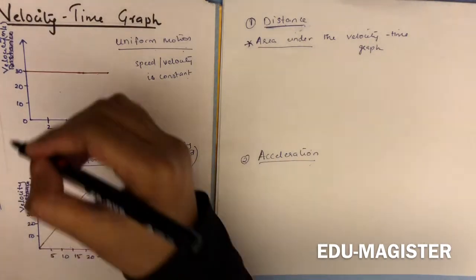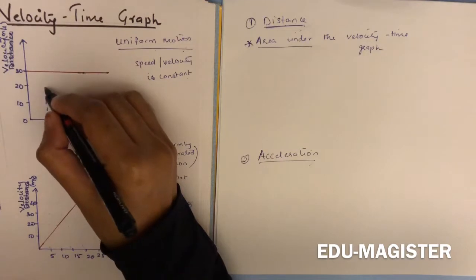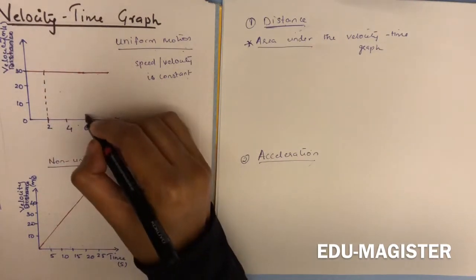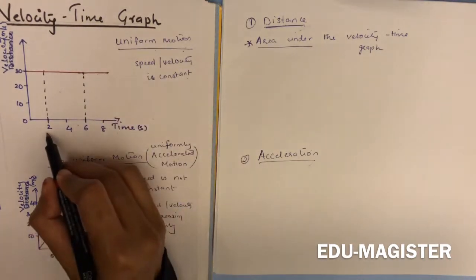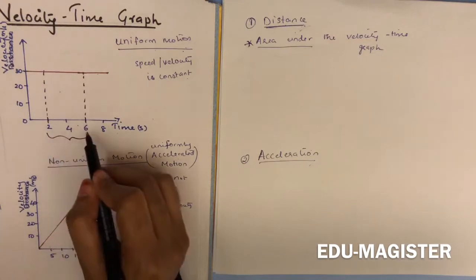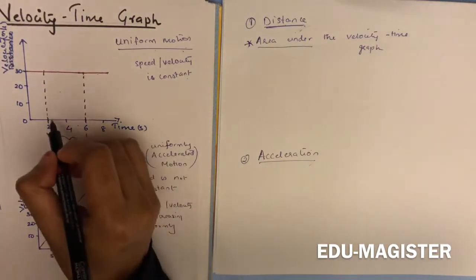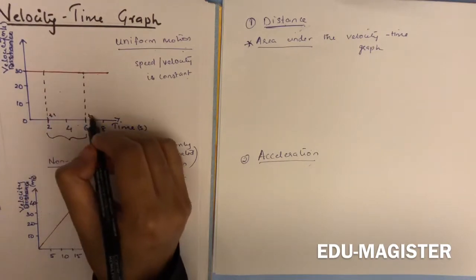As we know, let's draw perpendiculars like this. We are considering this interval, right? The time is 4 seconds between 2 and 6. So let's write this as T1, T2.